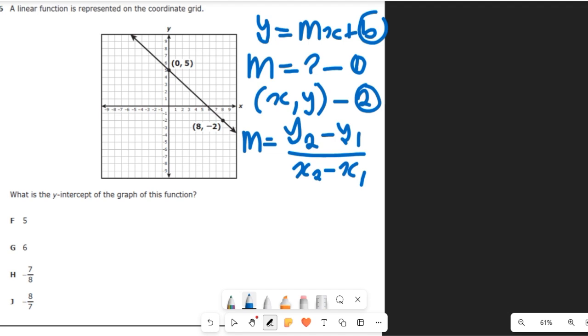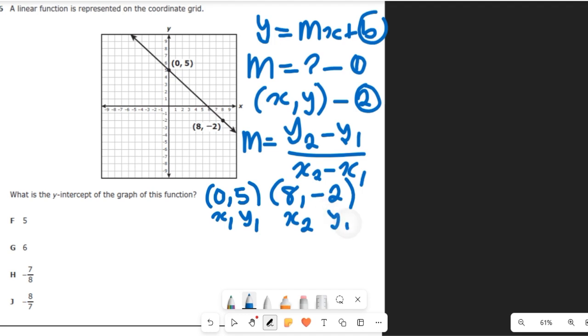Now remember, from this expression we'll have 0, 5, and then we'll have 8, -2, where this is x1, right? This is y1, this is x2, and this is y2.